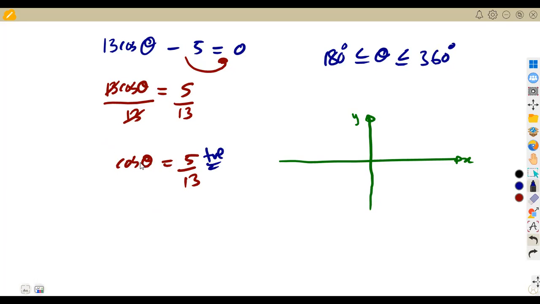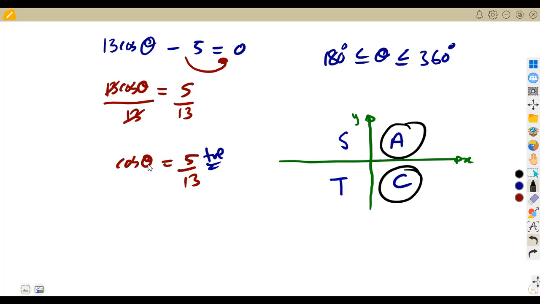So we need the quadrant where cos is positive. From our CAST concept, we are going to see that cos is positive here in this quadrant. And also here for All, remember A is for All. So our cos is positive here and also positive here. So there are two quadrants, and we are now in confusion.